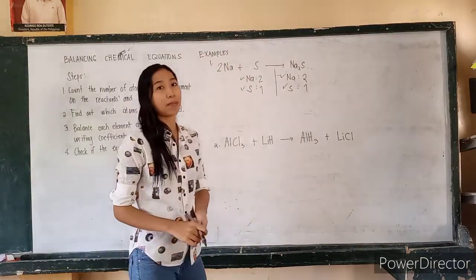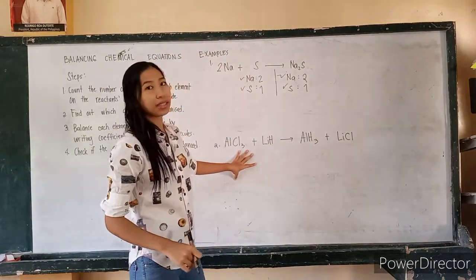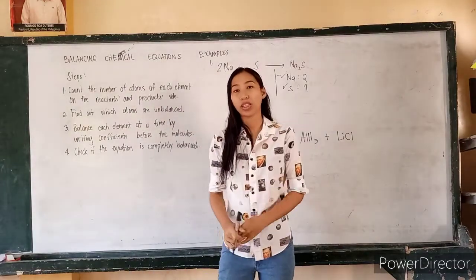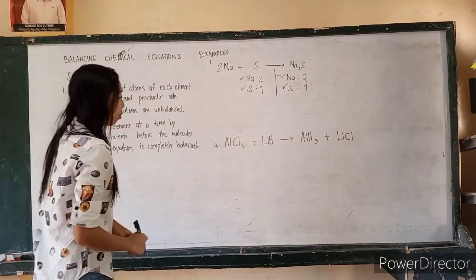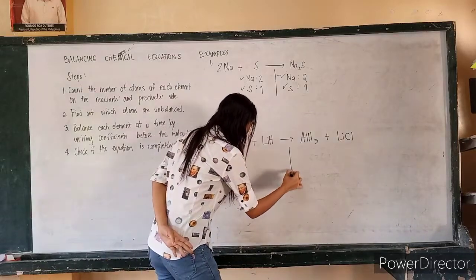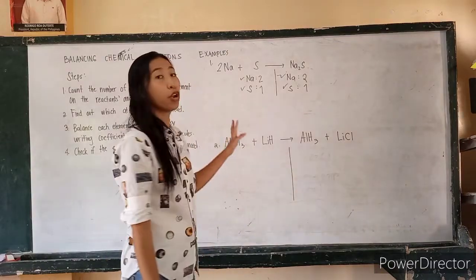Now, let's proceed with number 2. It's a bit longer because you have 2 reactants and 2 products. So we have to list down all your atoms.